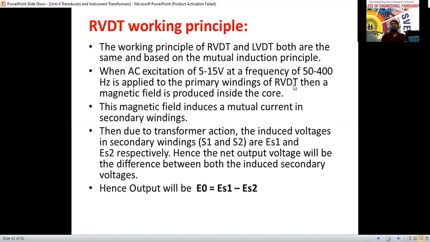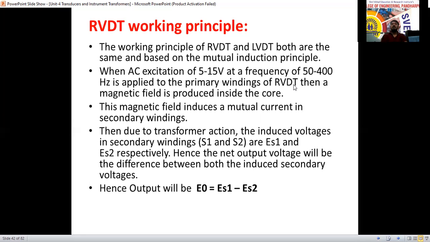There are again 3 positions. Based on the position, the LVDT and RVDT operate. If the core is at the middle, the flux linkage between both the secondary windings S1 and S2 will be the same.